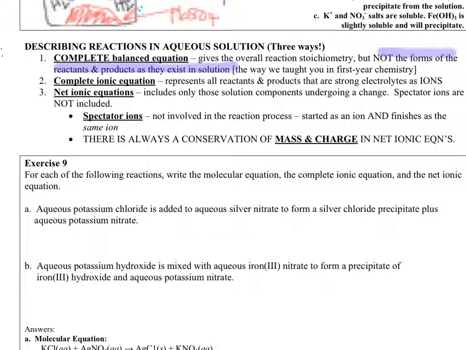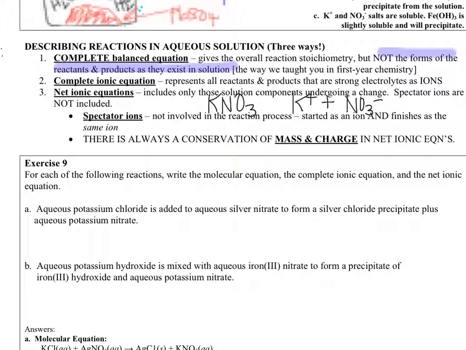So instead of writing an aqueous solution as, say, KNO3, I would write this as K+ and NO3-. So this tells me that these exist as ions in solution. They're not actually chemically bonded together. They've been separated by water molecules. So I would write all reactants and all products in their ionic form.